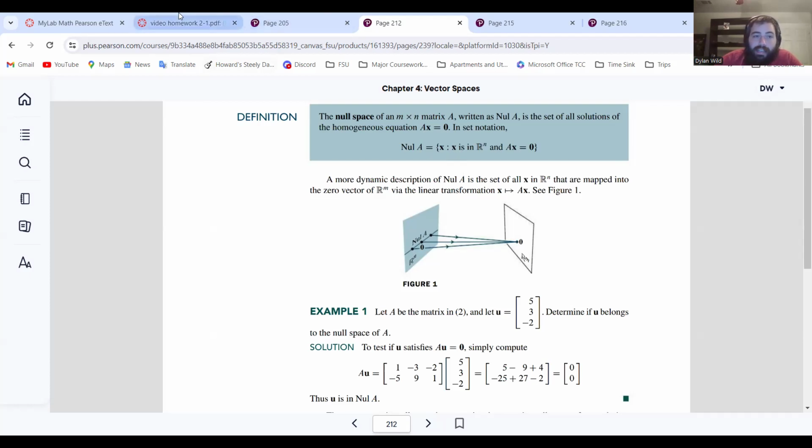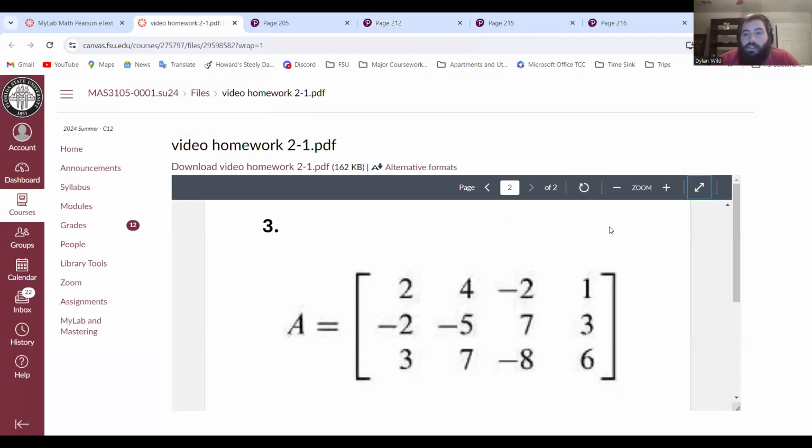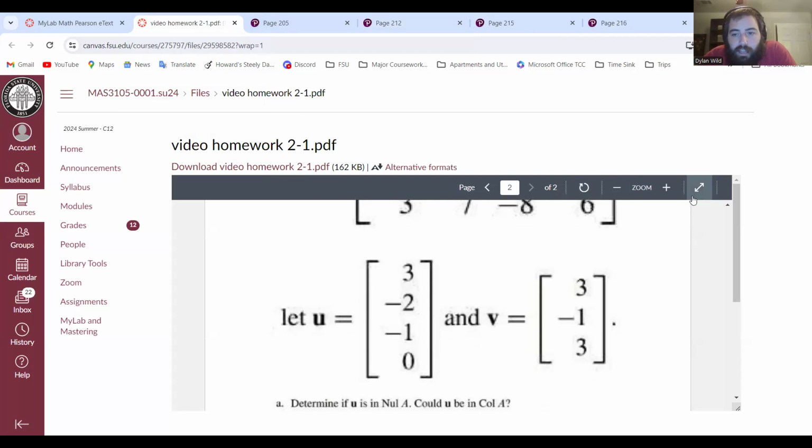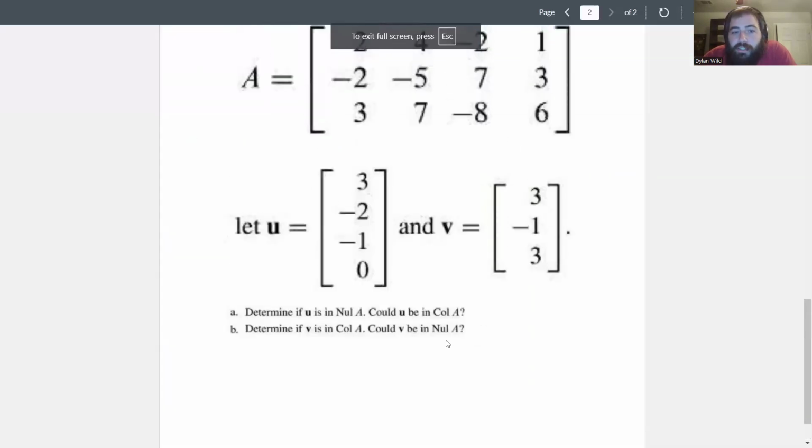So if we pop back to our equation, I have an m by n, a 3x4, so I'm looking for a vector that exists in R4, the fourth dimension. Going through these, I can immediately disqualify v because it only goes to 3, whereas u goes to 4.